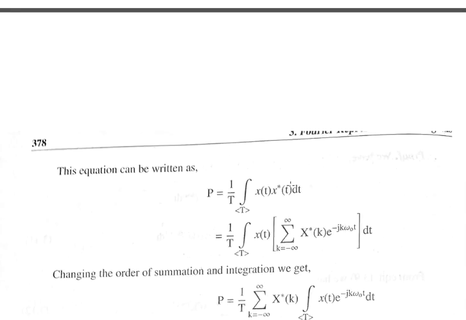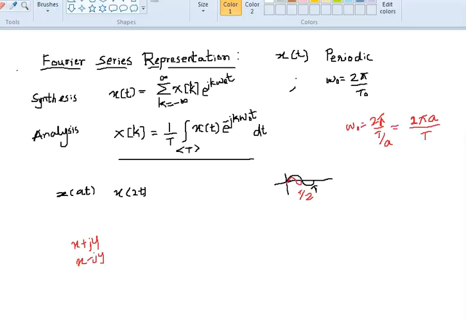Then here x of t and x star of t are complex conjugates, just like the x plus jy we saw. Now for this x star of t, we write the expansion, k from minus infinity to plus infinity. The complex conjugate representation in the Fourier domain will be x star of k, now e raised to, so x of t's synthesis equation would have e raised to j k omega naught t, but it is a complex conjugate.